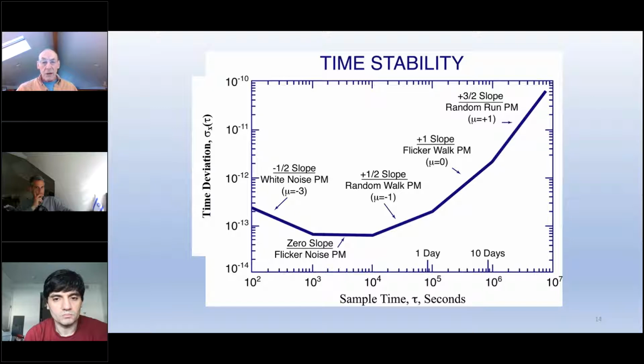There's also this thing called the time deviation, which really takes the modified Allan deviation and adds a +2 to the slope of the variance, which is a +1 to the slope of the deviation.